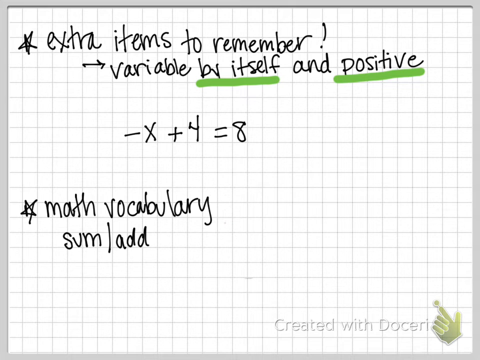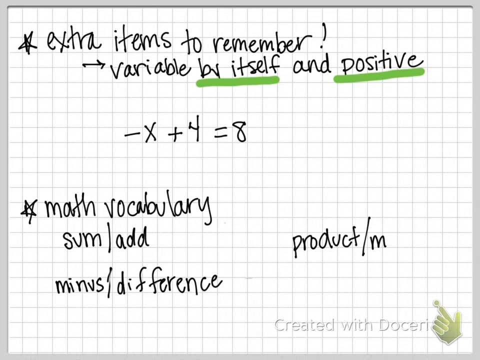If you see the word sum or add, what math symbol does that translate to? A plus sign, right? When you see minus or the difference, the difference is the answer to what kind of problem? Subtraction. So if you see minus or the difference between, that means we are subtracting.